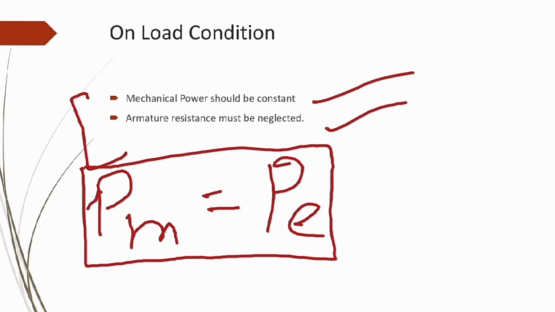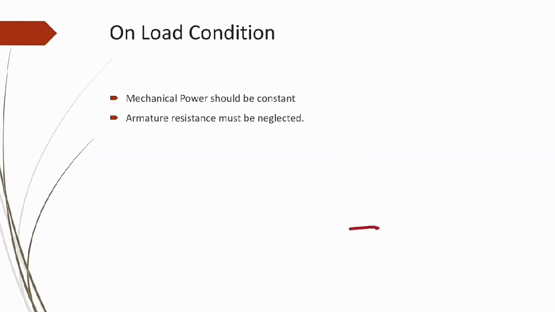In this stable region, because we want the alternator to be stable, whether we move from normal excitation to over excitation, or from normal excitation to under excitation, the alternator will not become unstable. Because of this we assume mechanical power should be constant and mechanical power equals electrical power. That means electrical power is also constant.